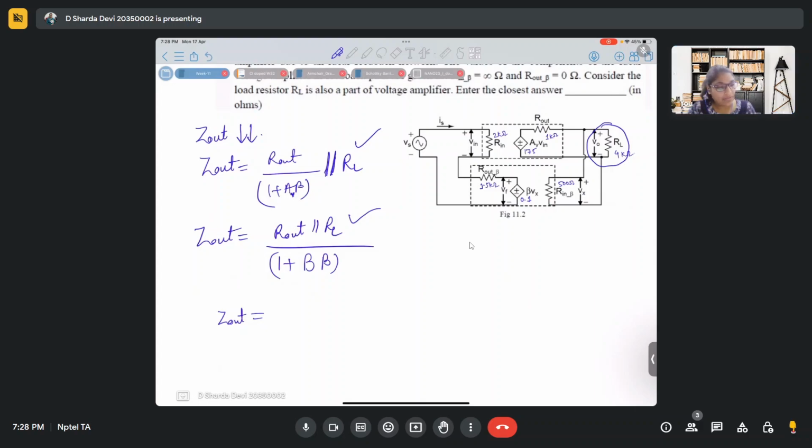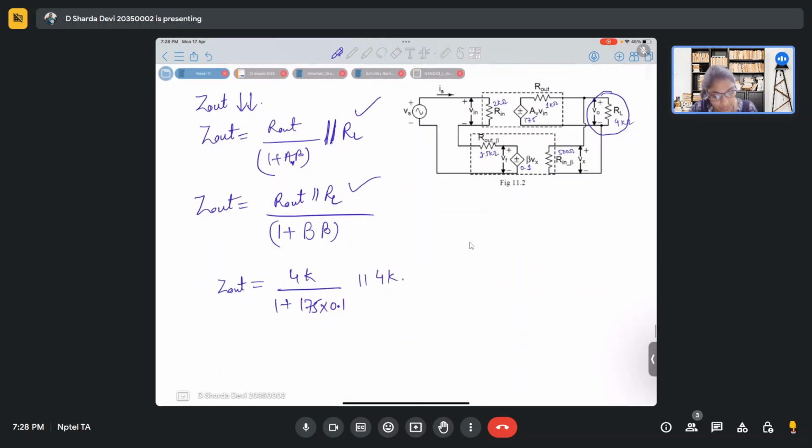So here it is 4k by 1 plus 175 into 1 parallel to 4k, and by the other formula we'll have 4k parallel 1k by 1 plus 140 into 0.1.